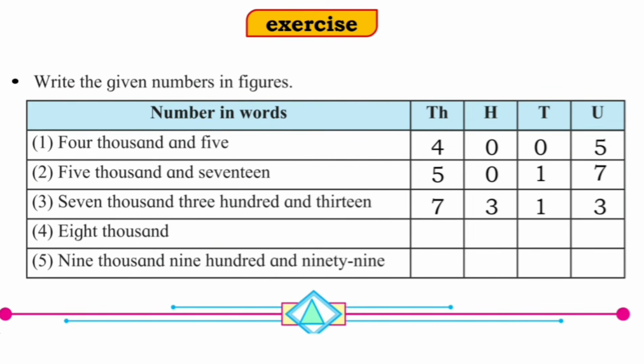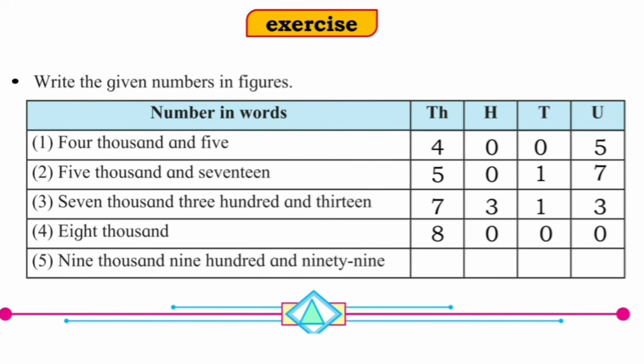Next number is 8000. So we will write 8 in thousands place as we have 8000. Now we must write the digits in the hundreds, tens and units place too. The given number has no hundreds, no tens and no units. So we will write 0 in hundreds place, 0 in tens place and 0 in units place.